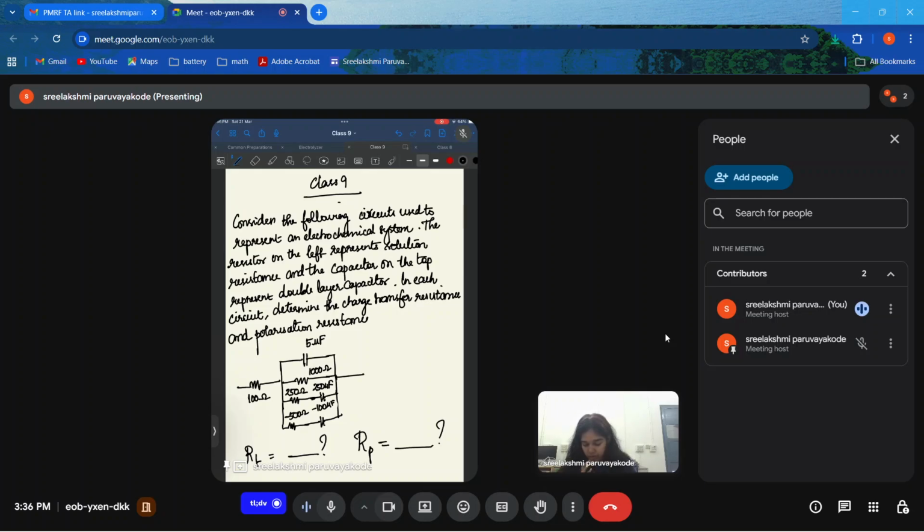So for such a circuit, when this circuit is given, you're aware that this part corresponds to the double layer behavior.